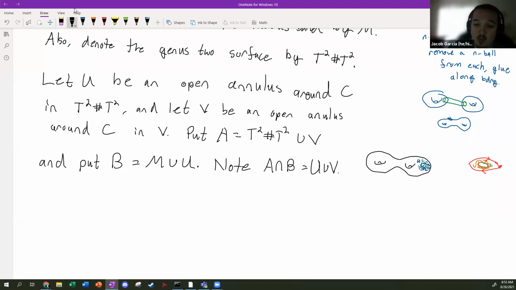Okay. So I have an idea of what A and B are going to look like. If I draw the surface that I'm looking at here, with that version that I've already shown, like this.